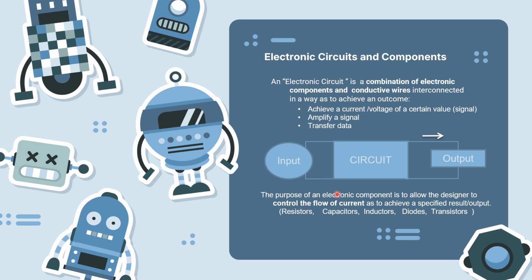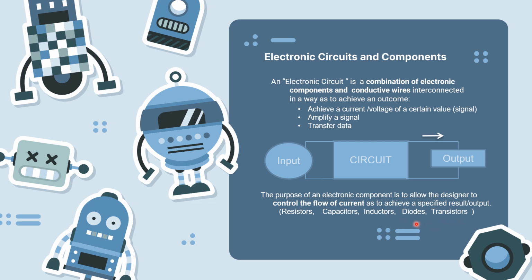Okay. Well, first of all, let's start by looking at what an electronic circuit is and what we actually call an electronic circuit. In fact, an electronic circuit is a combination of a series of electronic components such as resistor, capacitor, inductor, diode, transistors.